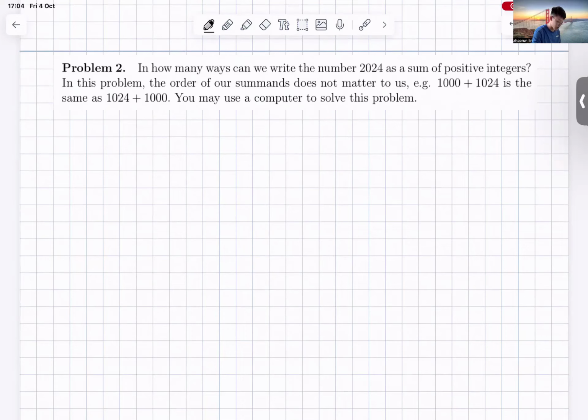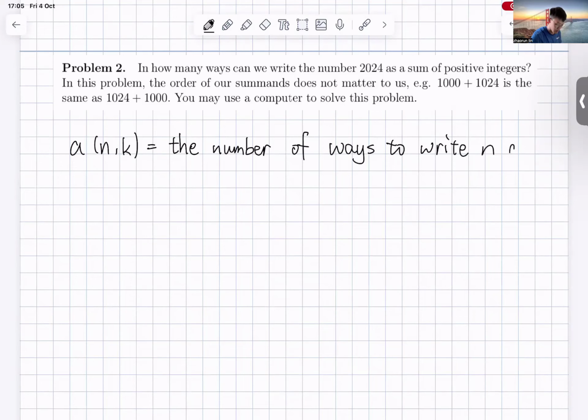So for this question, we can let A(N, K) be the number of ways to write N as a sum of K positive integers.